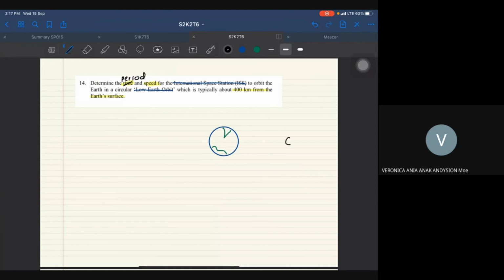Then we have the satellite, which is orbiting around the Earth. Okay, it's ugly. It asks for the speed and period. The 400 km from the Earth's surface, what is that given as? Distance from where to where? R, or the surface? It's the altitude. So that is actually this altitude.